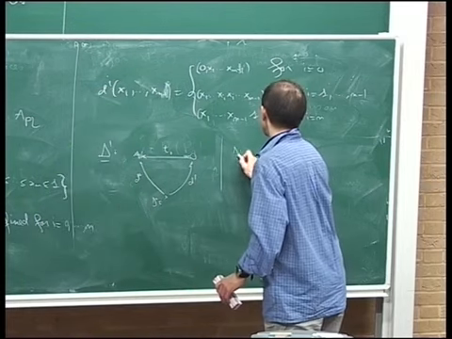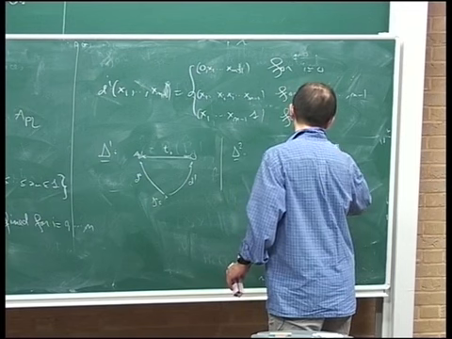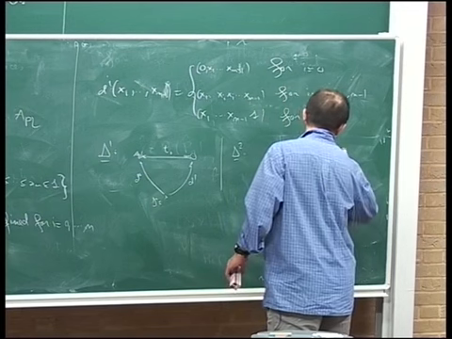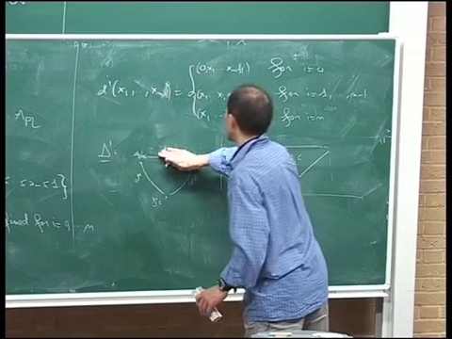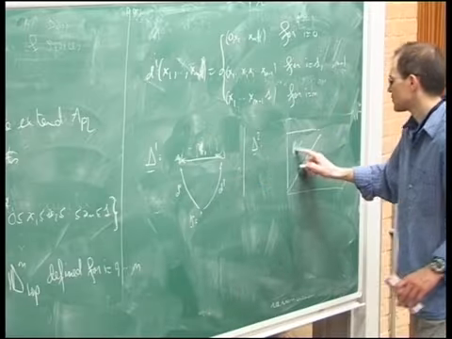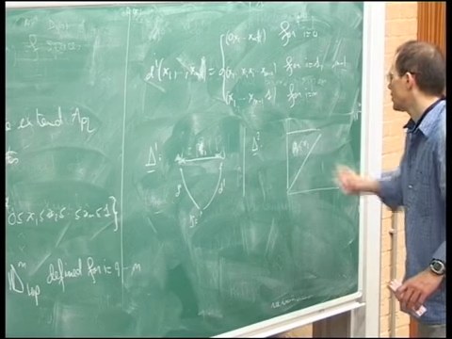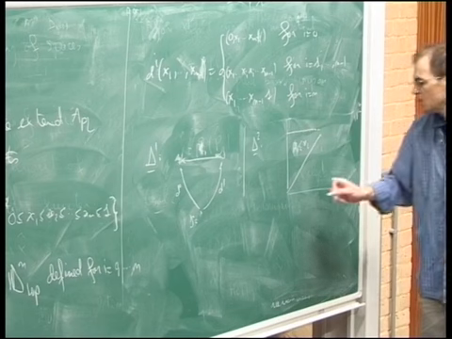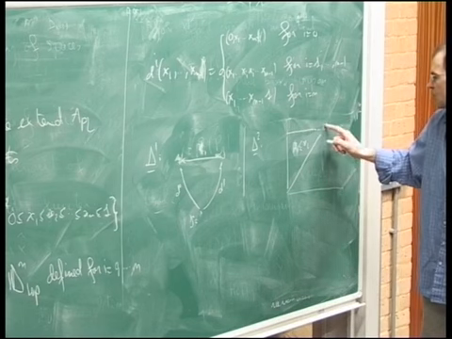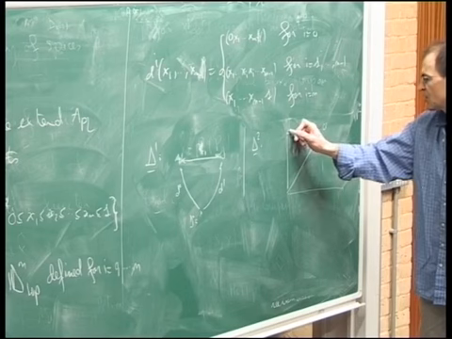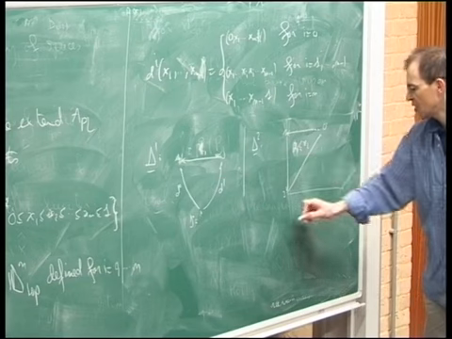Okay. Delta 2, you get this picture. So it's a set of x1, x2 such that x1 is less or equal than x2. So I think it's oriented like that. So this is the 0 vertex, this one is the first vertex, and this one is the second vertex.